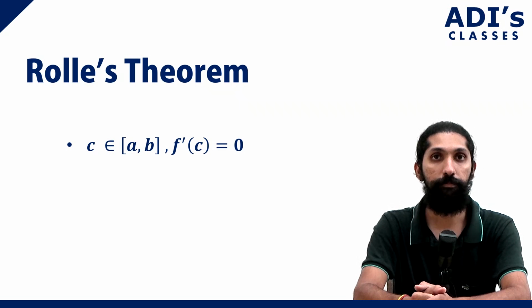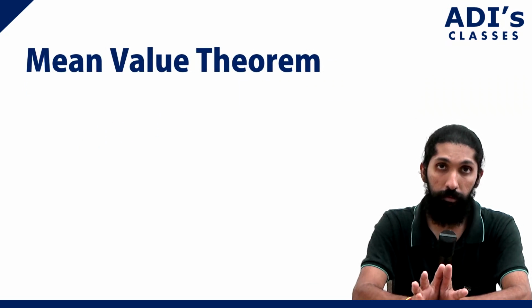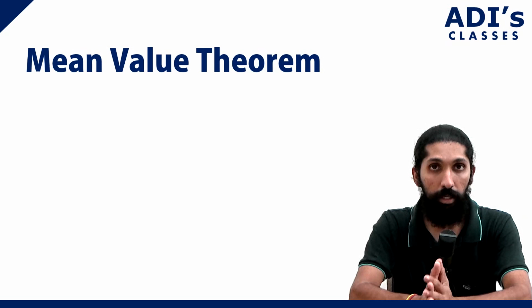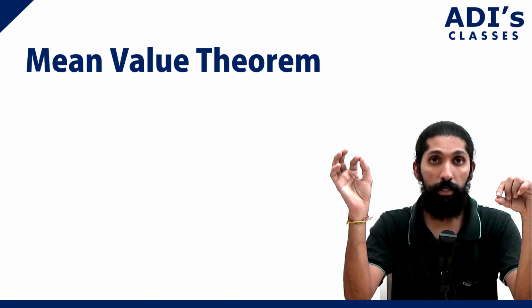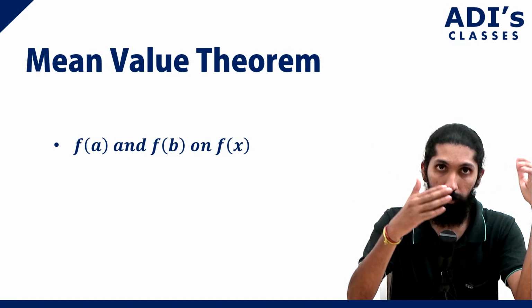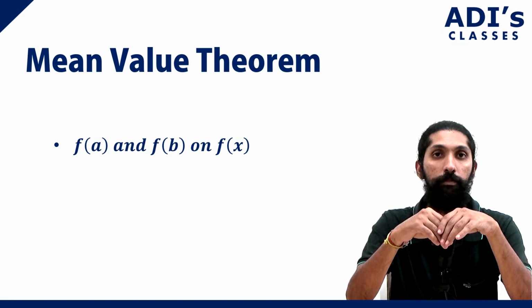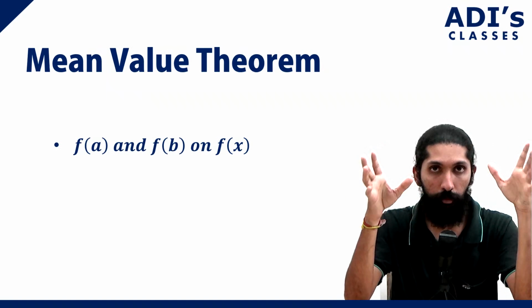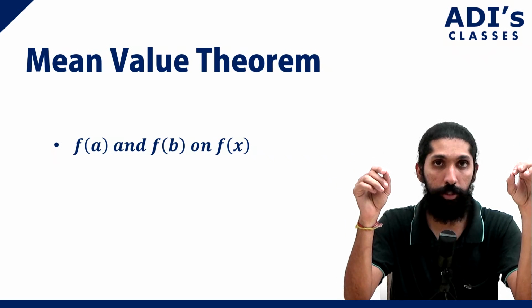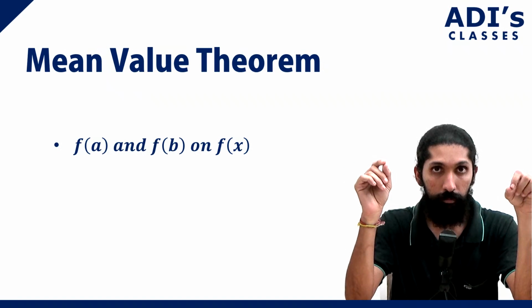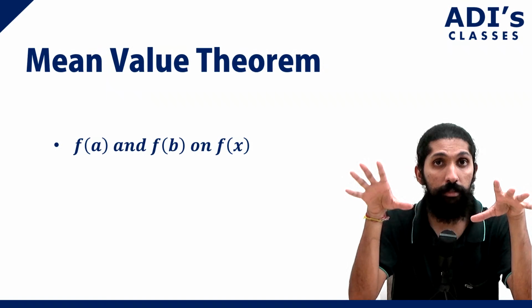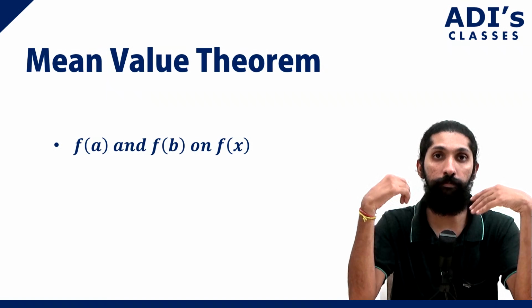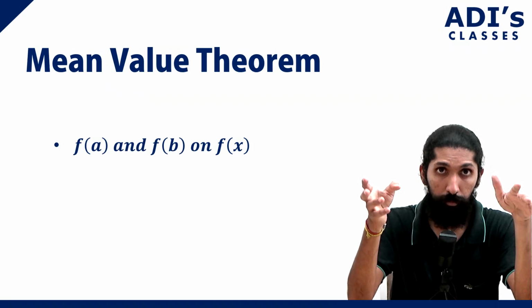This is Rolle's theorem. Now when it comes to the mean value theorem, again you have a function. You have two points A and B, with f of A and f of B as two points on the function. We join them, and that becomes a secant. That secant has a slope.